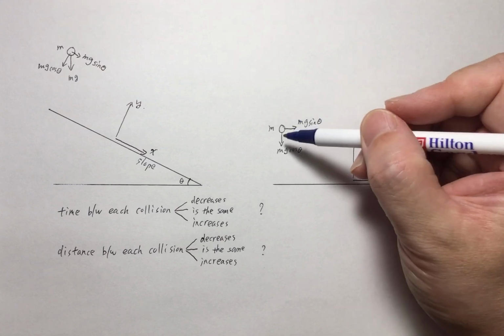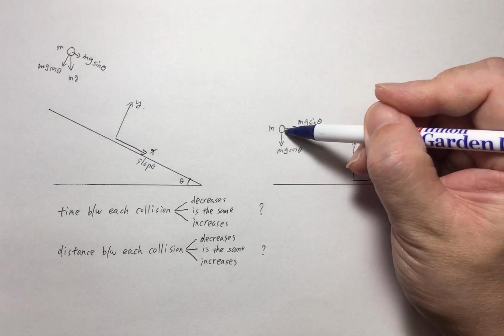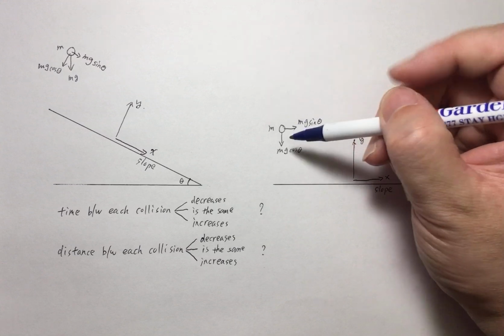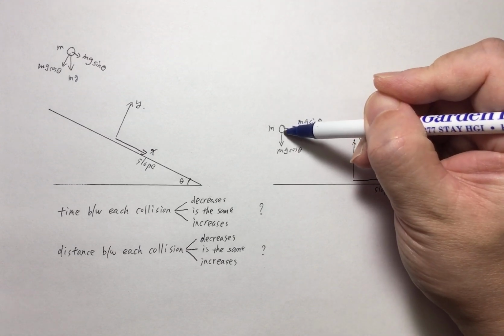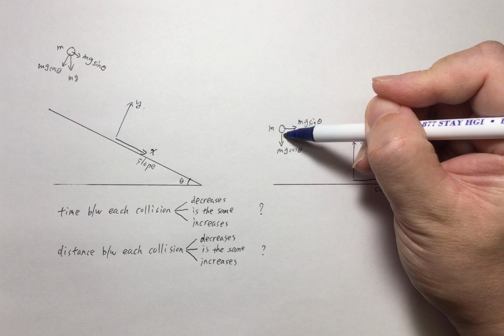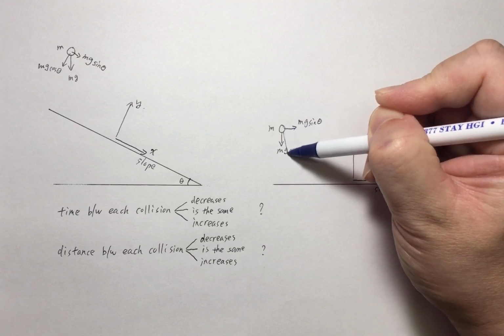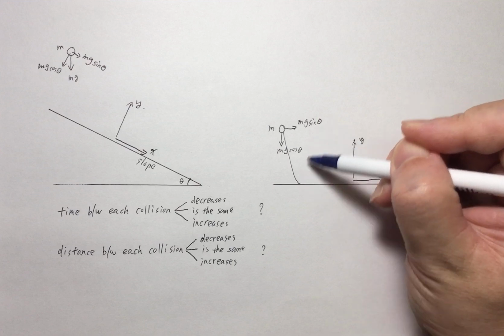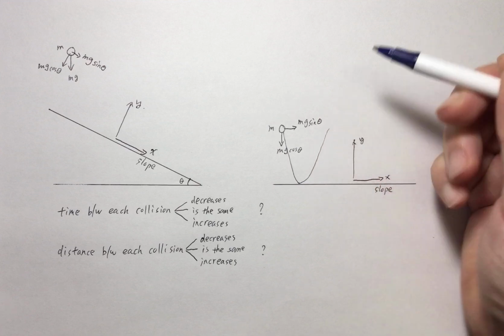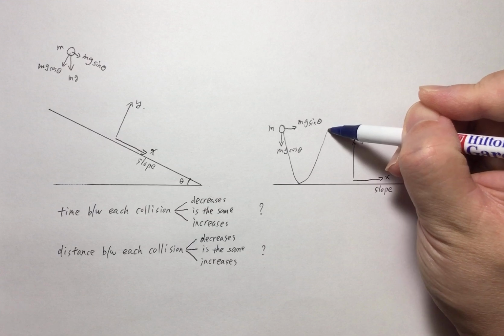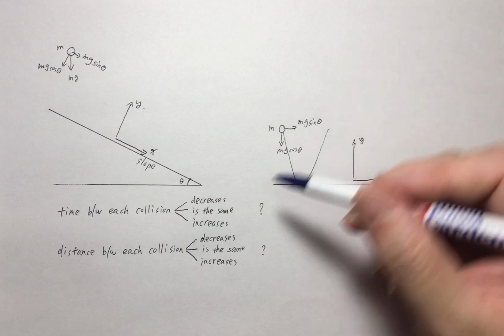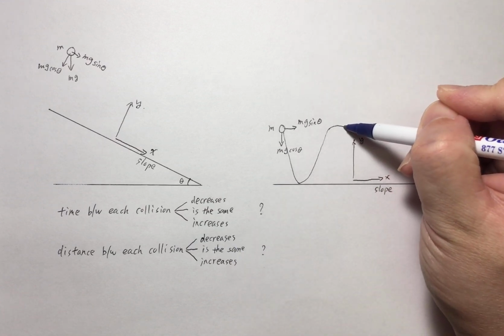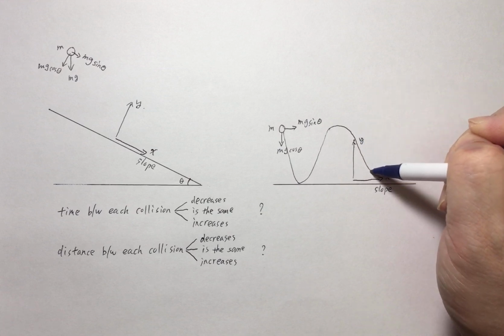So if we plot the trajectory of the ball during the bouncing, it looks like that. In the y direction, it will reach the same height, but in the x direction, the distance between each collision will become larger and larger. So it becomes like that.